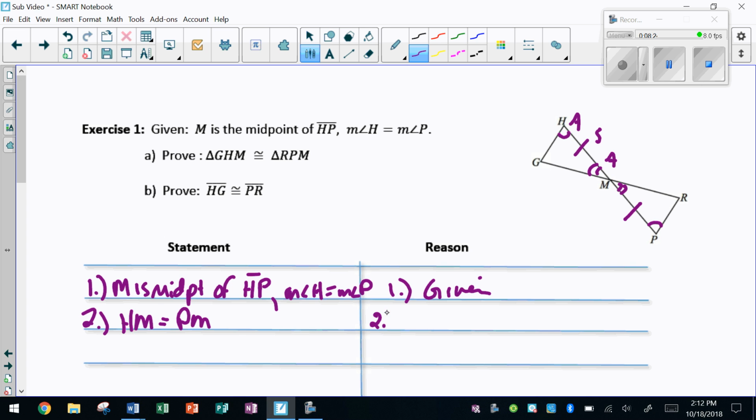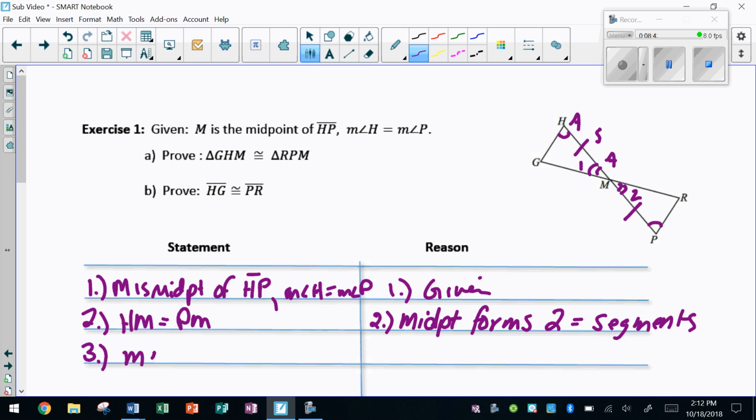And the reason is because the midpoint forms two equal segments. And then I'm going to get the vertical angles, which I'm going to label angle 1 and 2 for quick reference. So the measure of angle 1 is equal to the measure of angle 2, and that's because they're vertical angles, and vertical angles are equal. And again, don't forget, in the given, they gave us the angles H and P. So there's our 1, 2, 3 congruencies.